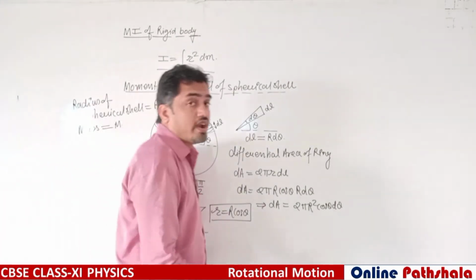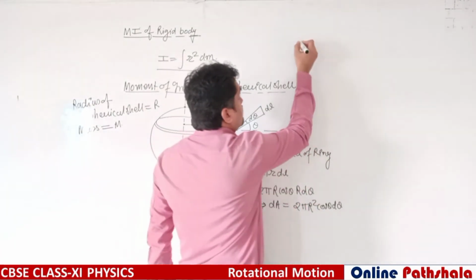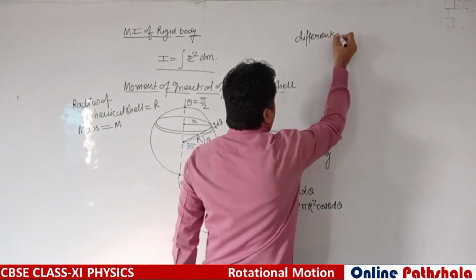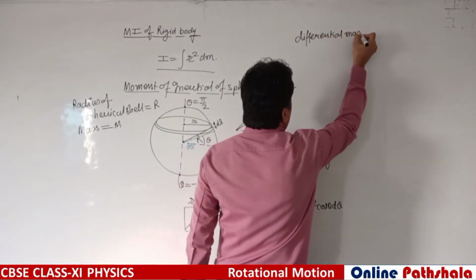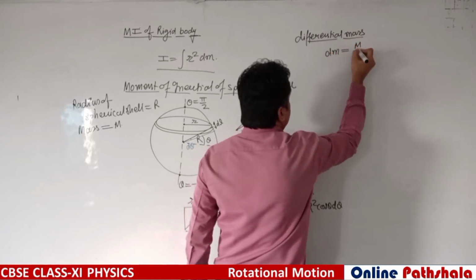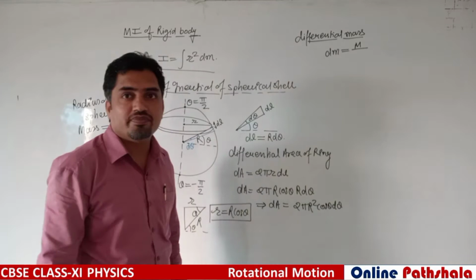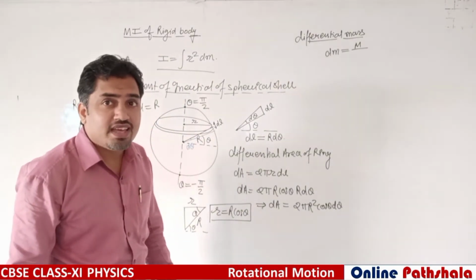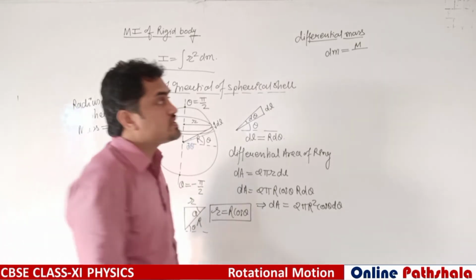Now, we have to find the differential mass. So, the differential mass dm is equal to total mass divided by total area into differential area. Can anyone tell me what is the total area of a spherical shell? Yes, it is 4 pi R square.